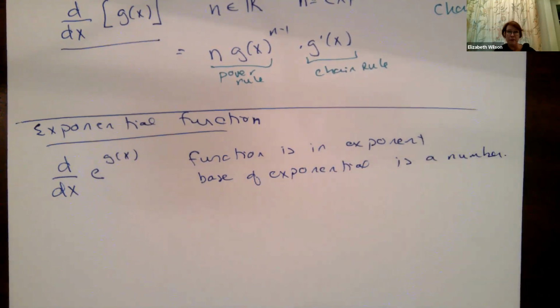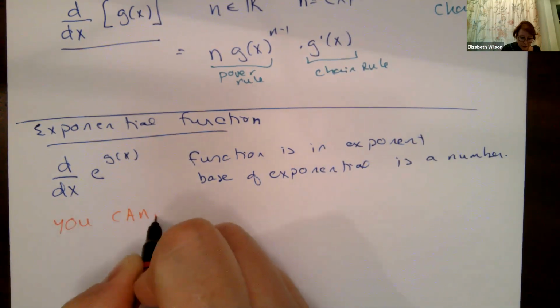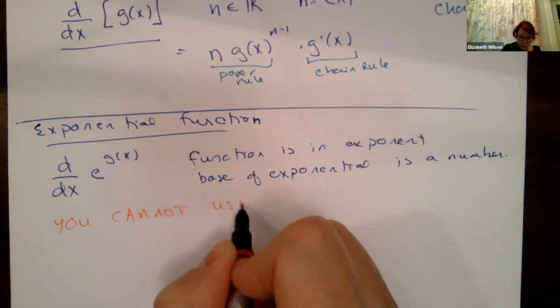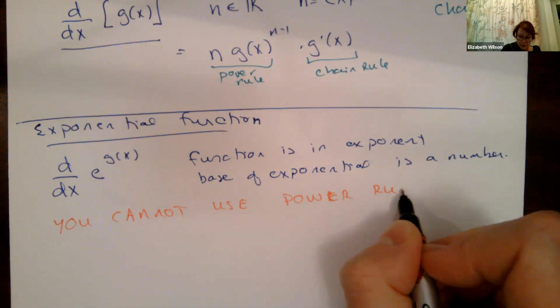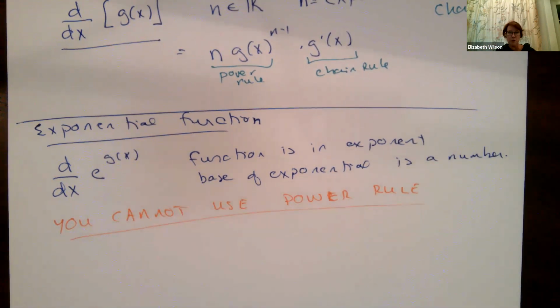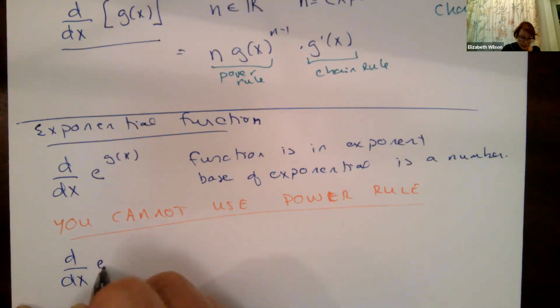Okay, so what I'm going to write in red is you cannot use the power rule. Okay, you can't use the power rule on an exponential. Right? I see it all the time, but it's wrong. So be really careful.